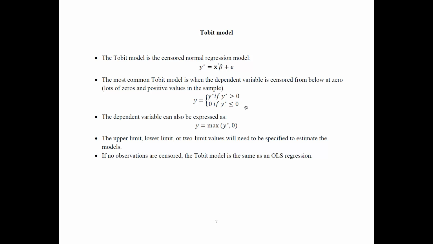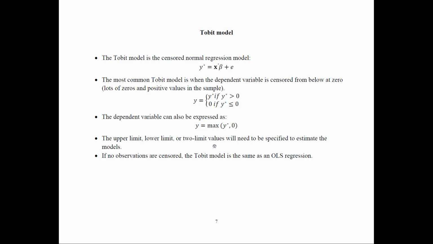So if you look at this expression, that's exactly equivalent to this expression, where y, the actual value that we have in the sample, would be equal to the maximum of y star, the latent variable, and 0. So if it's 0 or below, we would have 0, and if it's above 0, then we would have the y star, the actual value.